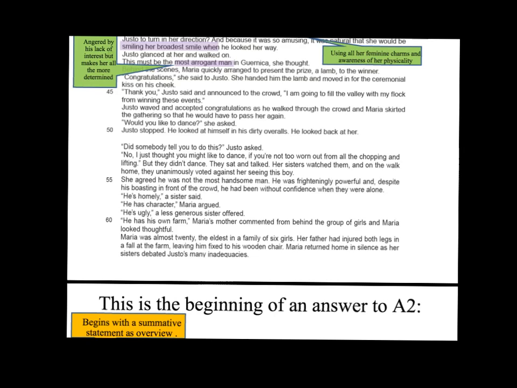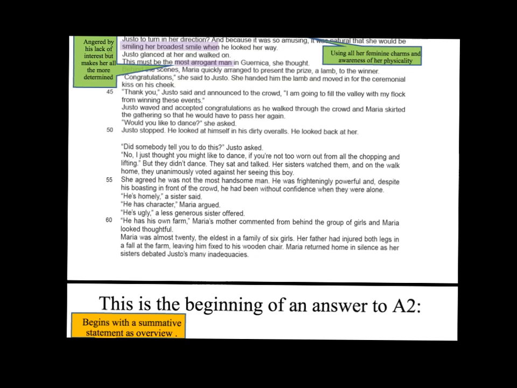"He's ugly," a less generous sister offered. "He has his own farm," Maria's mother commented from behind the group of girls, and Maria looked thoughtful. Maria was almost 20, the eldest in the family of 6 girls. Her father had injured both legs in a fall at the farm, leaving him fixed to his wooden chair. Maria returned home in silence as her sisters debated Justo's many inadequacies.